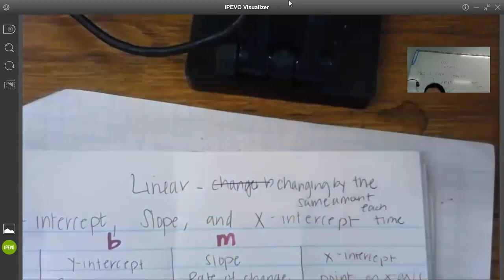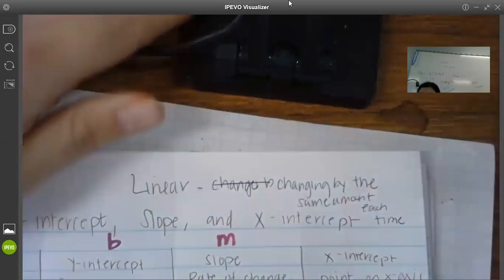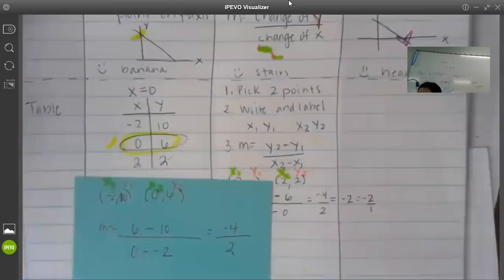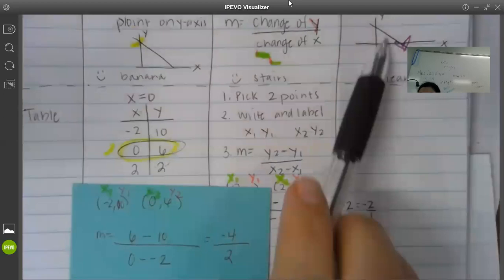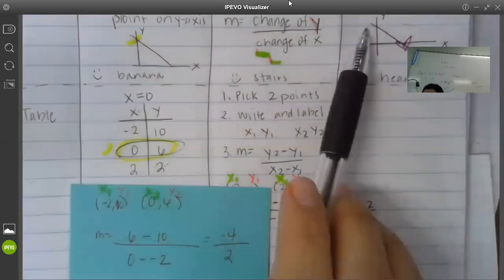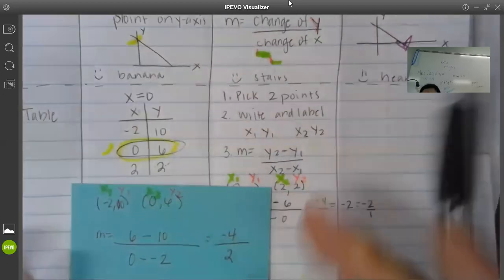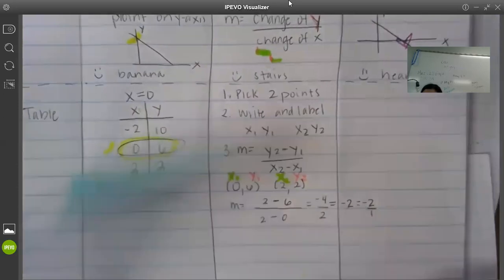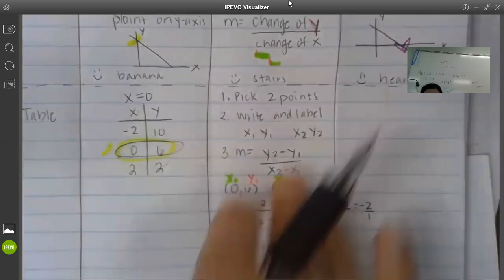That's what linear is. Every time you're doing -2, -2, -2, or -3, changing every 2 days, whatever it is, that's what makes it linear. And that's why you have lines. That's why it's called linear, because we have lines. Every time it's changing by the same amount. Okay, if I simplify that, I'm going to get the same slope. So this is what we're going to work on today.